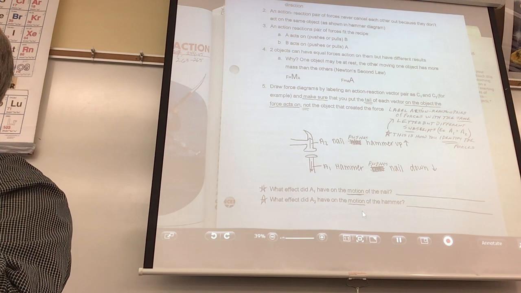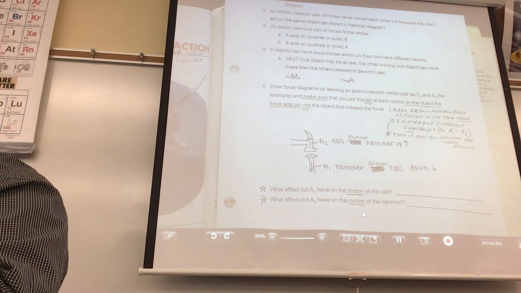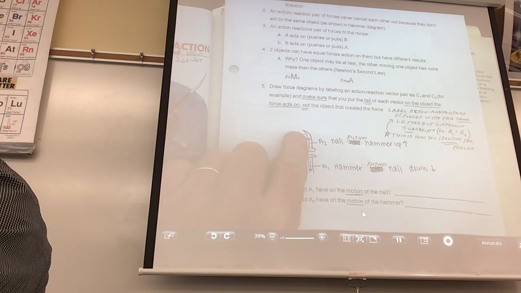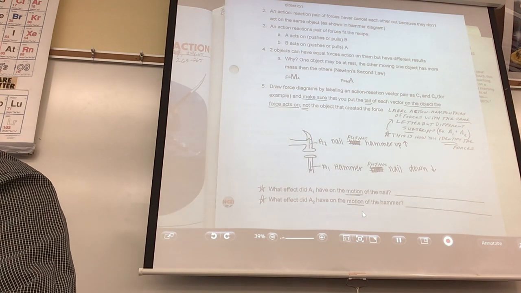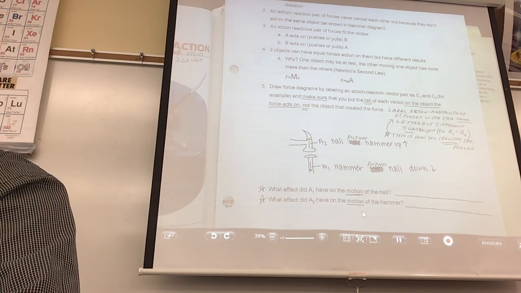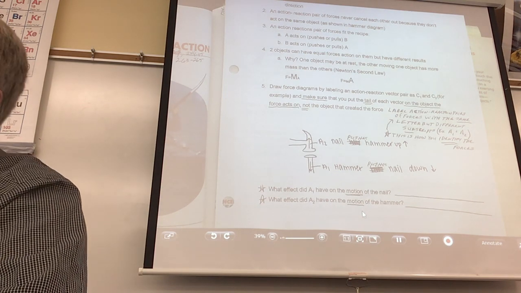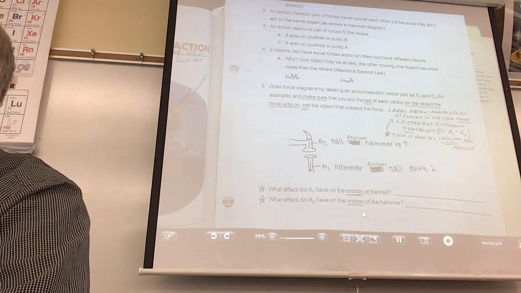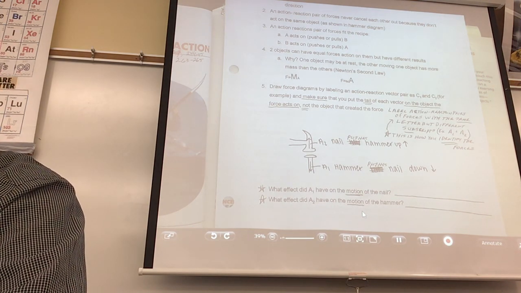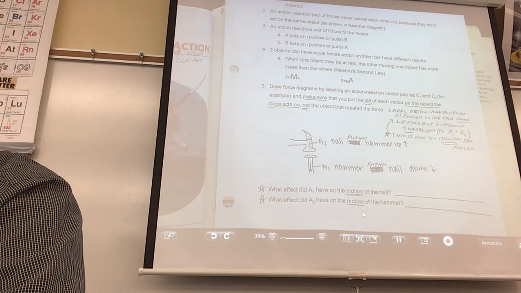Why was the deceleration not huge? Why was the acceleration on the nail bigger than the acceleration on the hammer? Eli, you look like you're thinking about this, so I bet you can tell me.